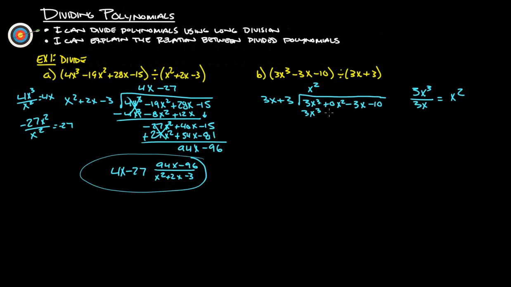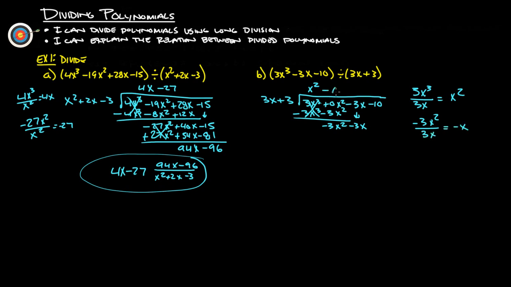Okay, x squared times 3x is 3x cubed. X squared times 3 is 3x squared. We want to switch the signs here, right? Because those will cancel out. 0x squared minus 3x squared is negative 3x squared. Drop this negative 3x down, and then we go again. Take the negative 3x squared. We're going to divide by the 3x, and we get negative x.